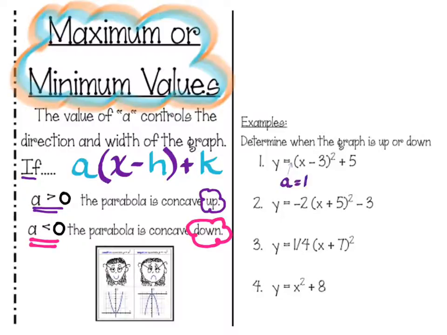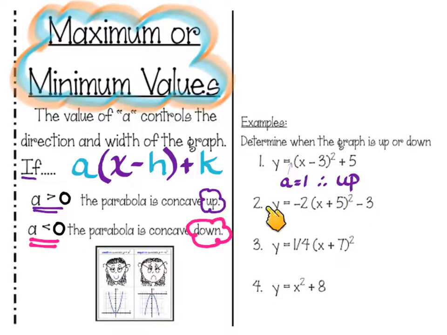It's understood to be 1. So a being 1 falls into this category of being a positive number, and so this parabola is concave up. Now again, if you didn't learn this in geometry, this is kind of the mathematical shortcut for "therefore."